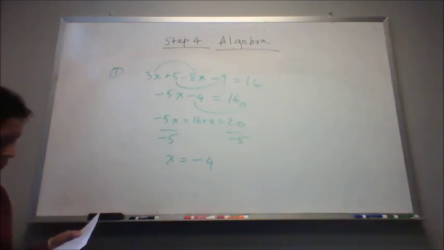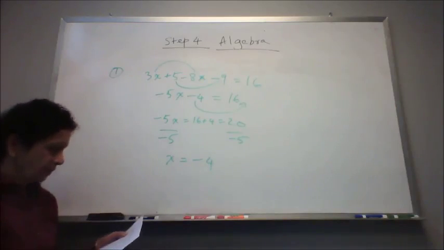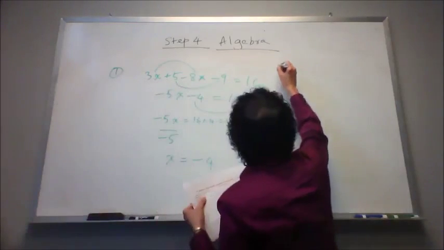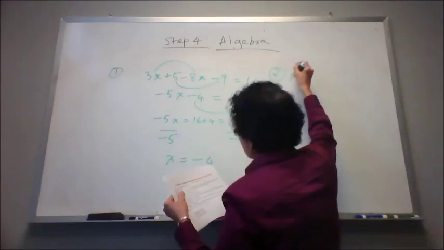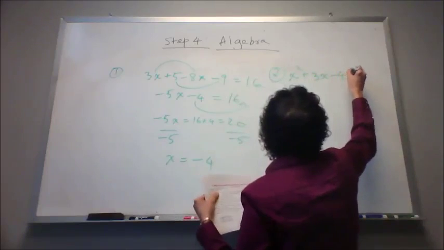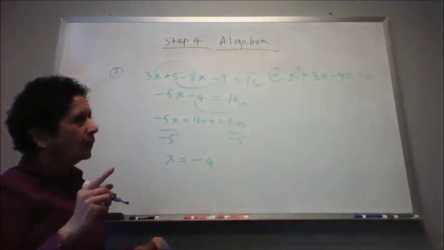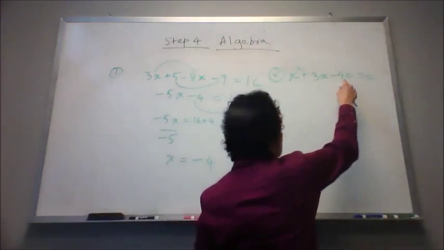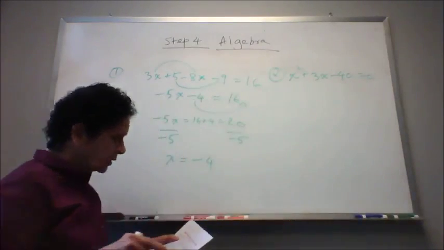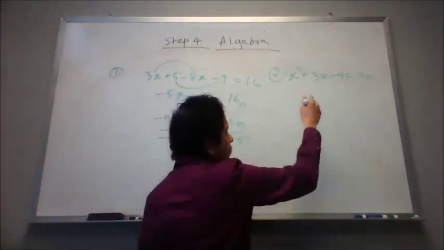So the second problem is solving a quadratic equation, okay? The second problem is x squared plus 3x minus 40 equals 0. We saw how to do that before, we saw the pattern, so we need to factor that, right? So 5 times 8 is 40, so minus 40.